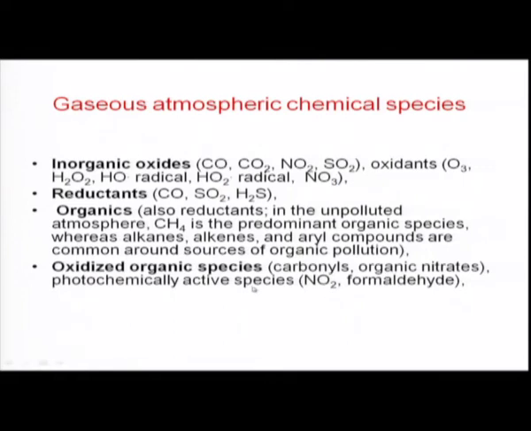And also we have oxidized organic species because of pollution: carbonyl compounds, organic nitrates, photochemically active species, formaldehyde. All these compounds lead to what is called photochemical smog, which we are going to discuss a little later. So, we have both organic and inorganic pollutants present in the atmosphere, especially in the lower atmosphere.